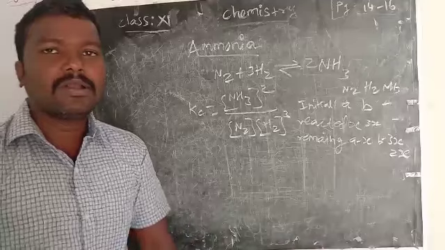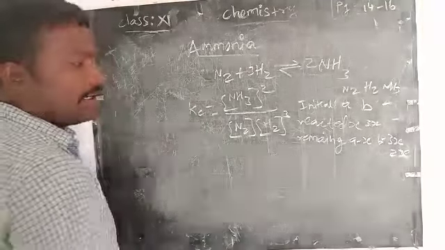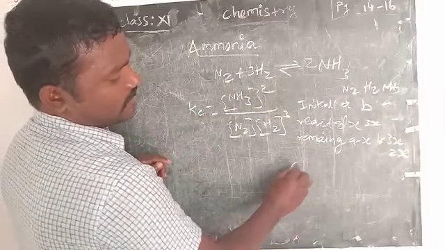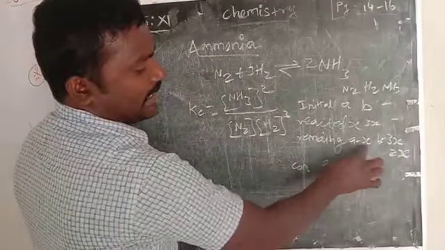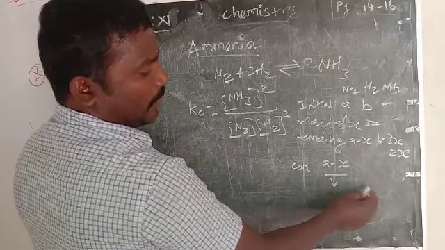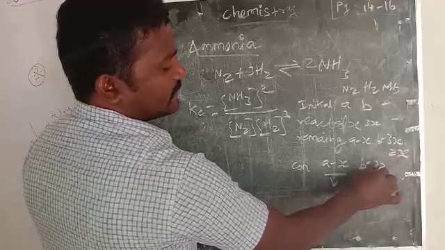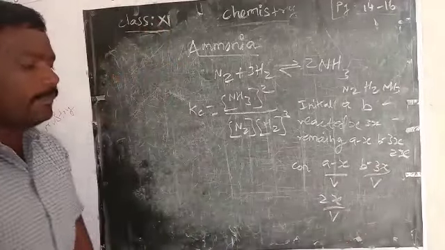If you want to find the concentration of the current reactants and products, the remaining number of moles per volume: a minus x by volume, b minus 3x by volume, 2x by volume, right?